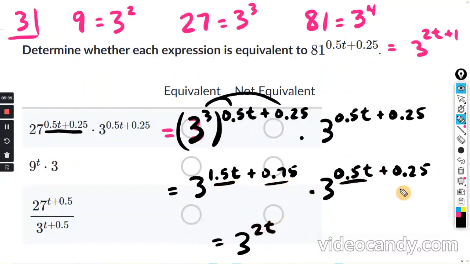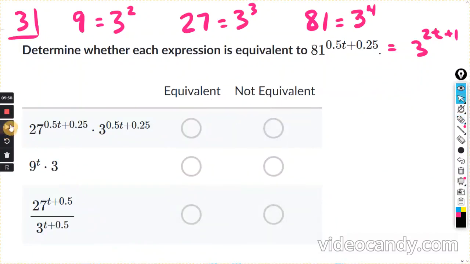And 0.75 plus 0.25 is positive 1. So that is the first one, and it matches the original. So the first one is equivalent.